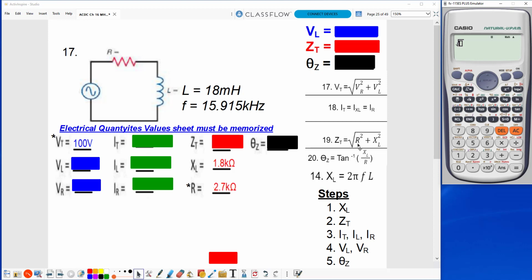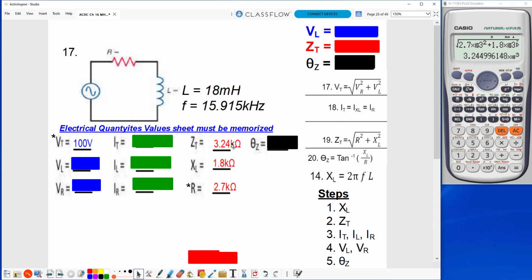Now I am going to put in my R of 2.7 times 10 to the third, and I'm going to square that number, plus my XL of 1.8 times 10 to the third squared, XL squared. I'm going to hit equals engineering, and that gives me 3.24 k ohms for ZT.